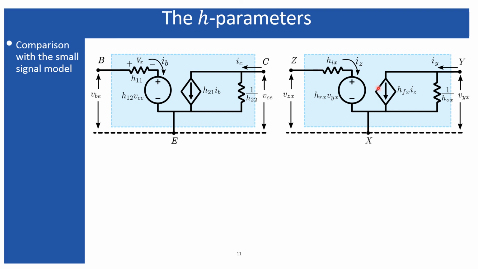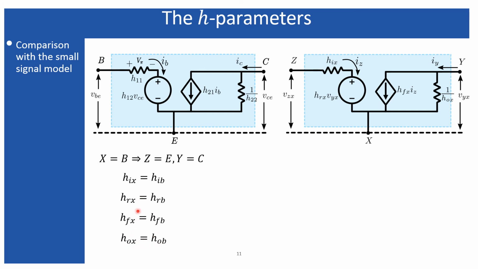So now if you are going to write the H parameters for different configurations, say for the common base configuration, if you consider X equals B, the base terminal, then Z becomes your emitter terminal. This input terminal will be the emitter, and the Y terminal will be the collector terminal. Then HIX will be HIB, HRX will be HRB, HFX HFB, HOX HOB.